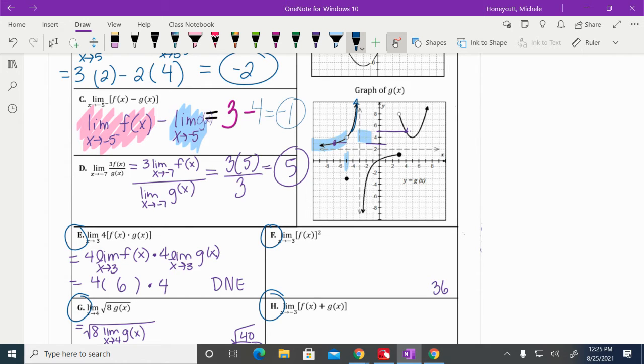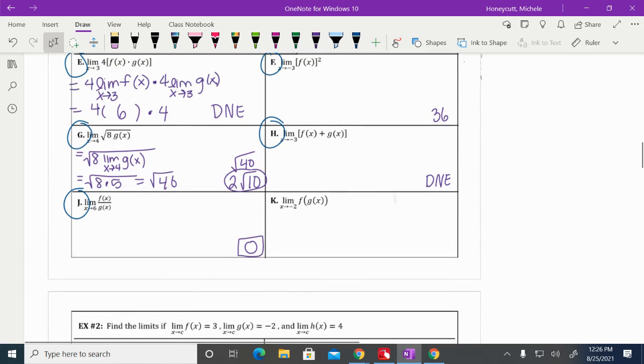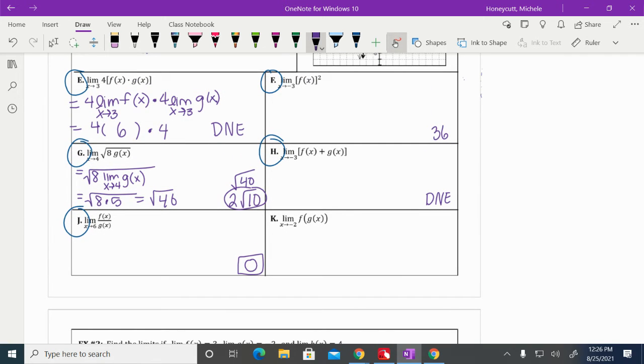Approaching positive 3. Okay. On the left side of 3, the y gets to positive 1. On the right side of 3, the y's approach 8. And so 1 and 8 are not the same number. So that part does not exist. When you multiply 4 times 6 times 4 times does not exist, we'll get does not exist. Anything else you guys want to see worked out?